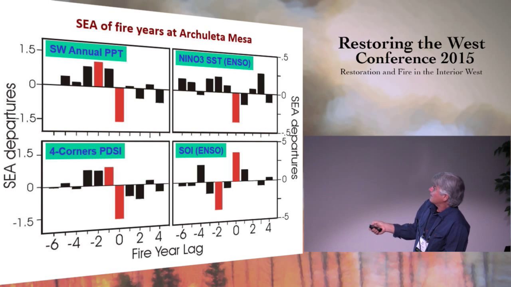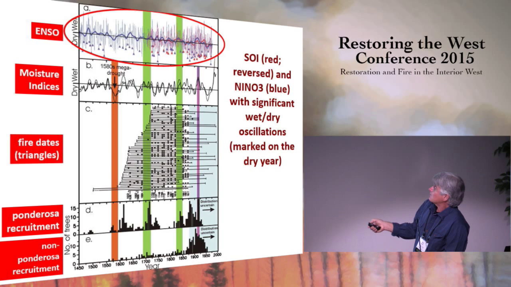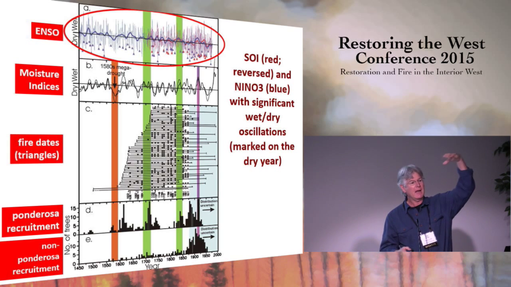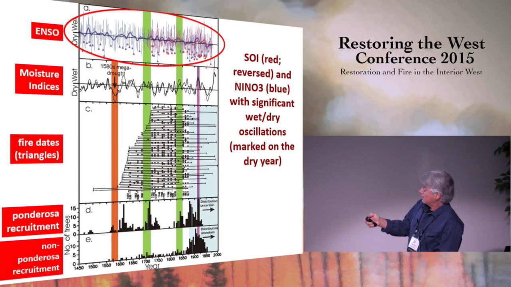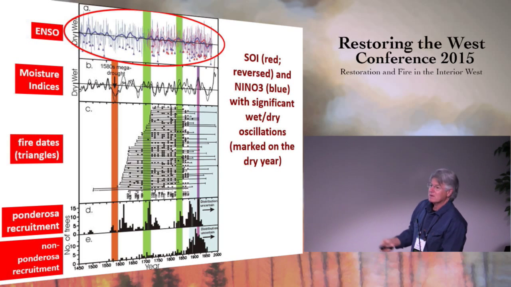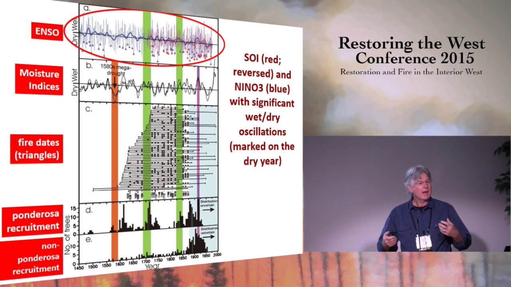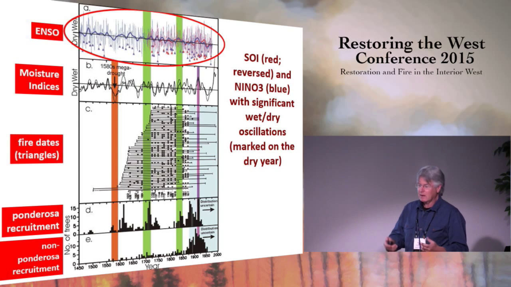If we look at SOI now, what we see is that all of these triangles mark this significant pattern of wet-dry combo on the drought year. SOI is reversed, the SOI reconstruction, but you can see that during these two periods, this wet-dry oscillation was modulated, at least in this area.